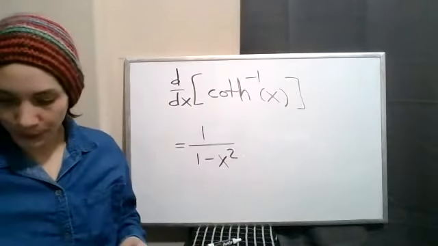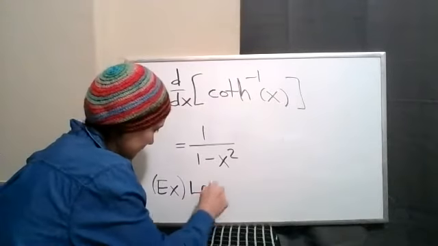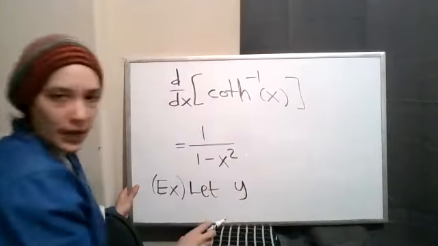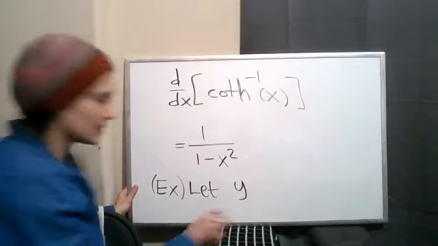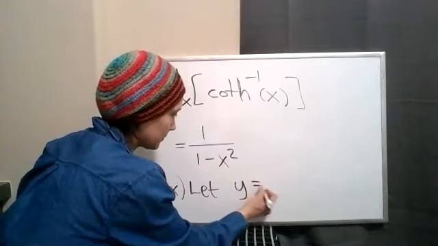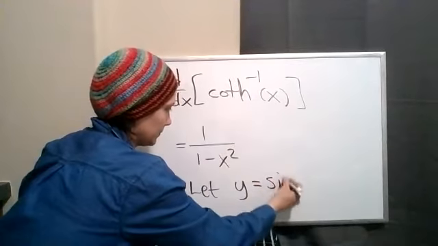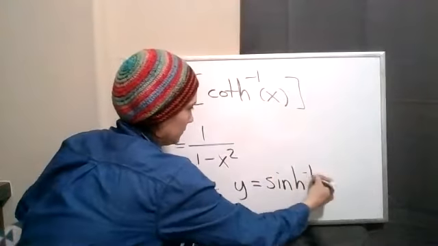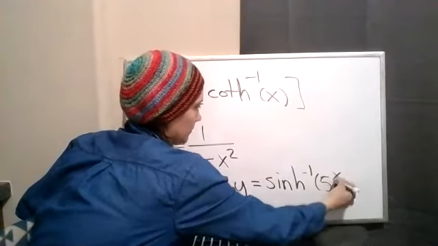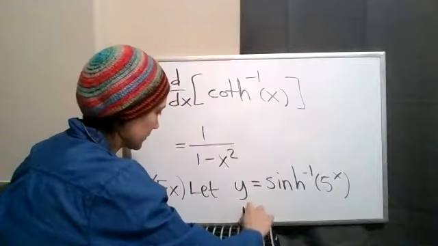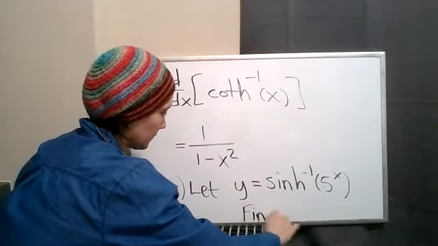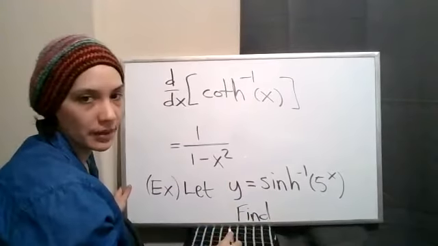Okay, first one. We're going to let y be equal to sinh inverse of 5 to the x, and then find y prime, the derivative of that function.